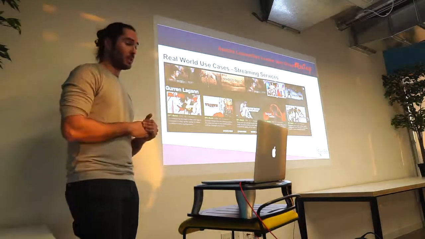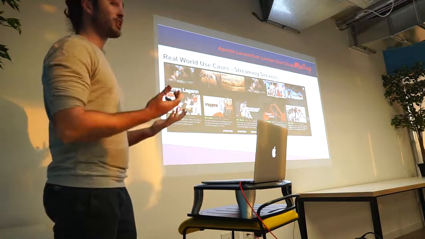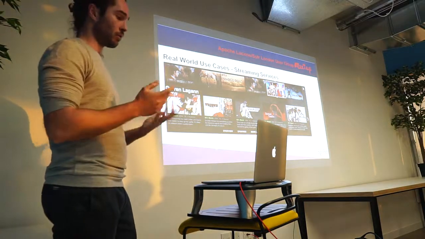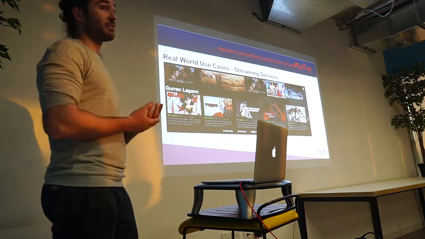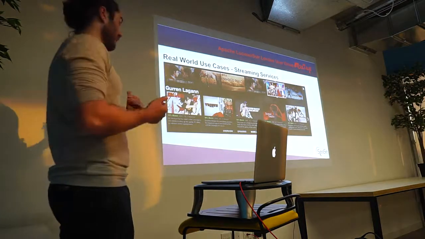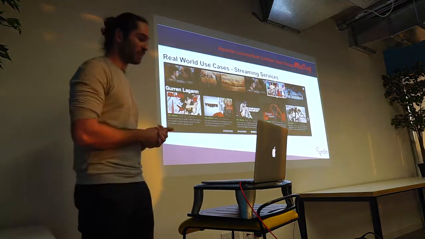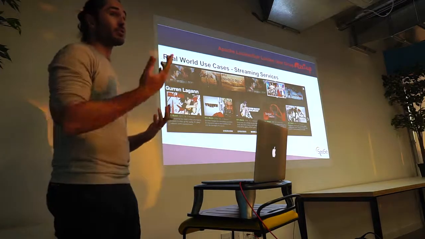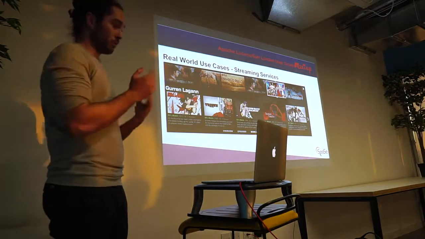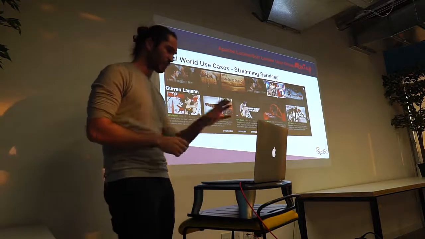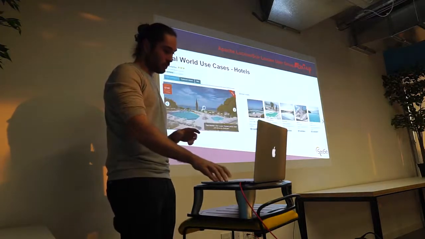Real world use cases: even if you didn't have the chance to work with More Like This in your company, there are a lot of services that offer this to you. This is a screenshot from a very popular streaming service that allows you to select a show, or maybe you already watched a show, and proposes similar shows to that one, with a percentage of the match.